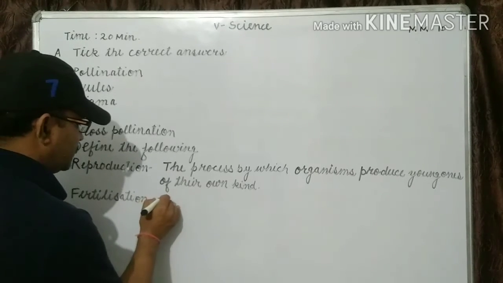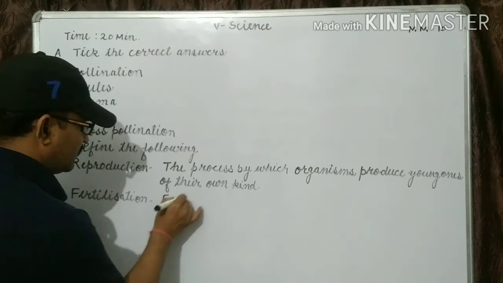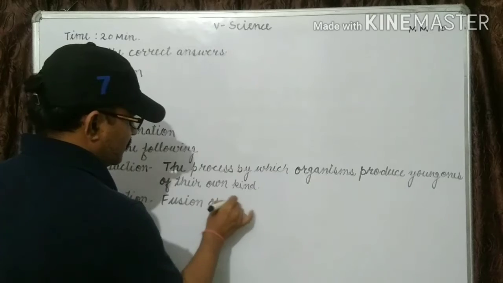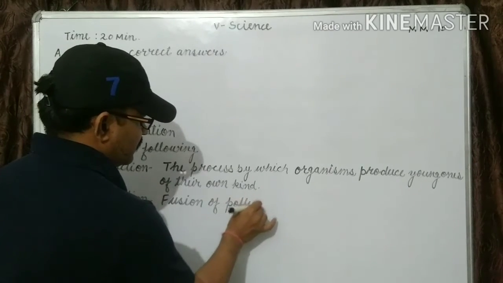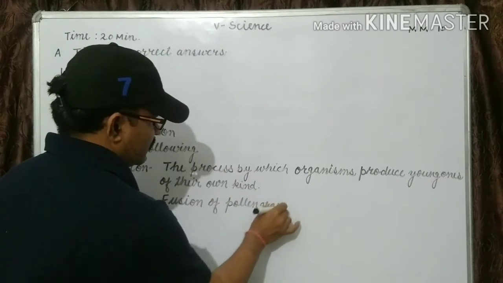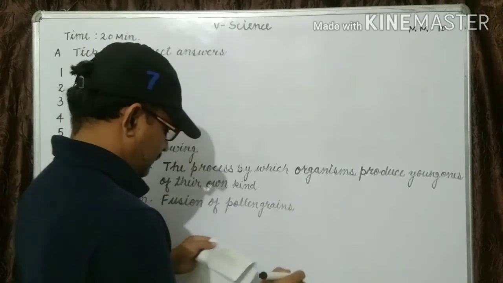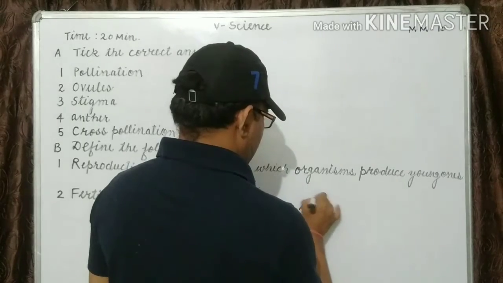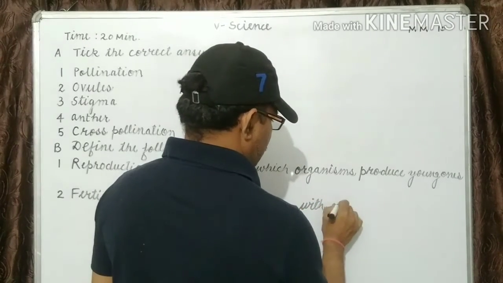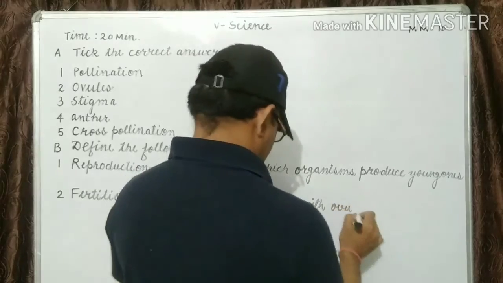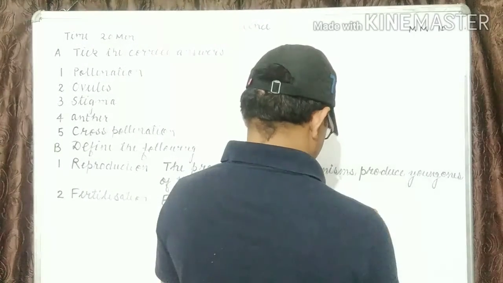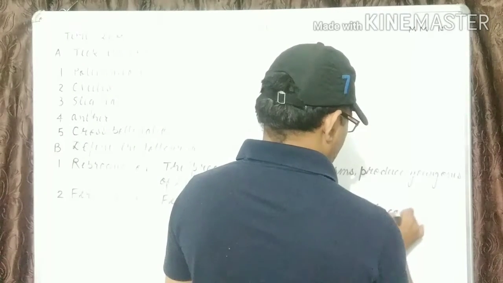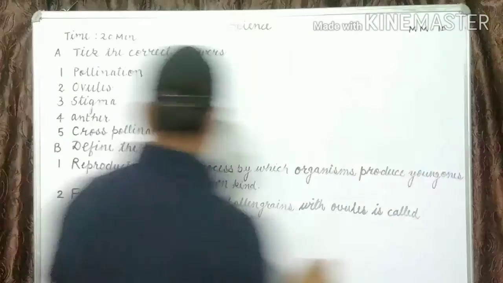Fusion of pollen grains with ovule is called fertilization.